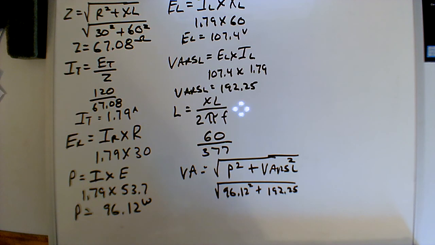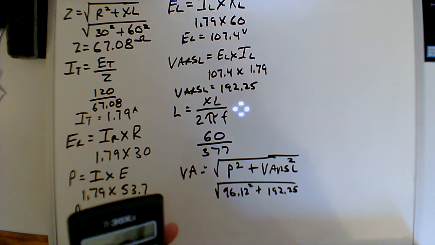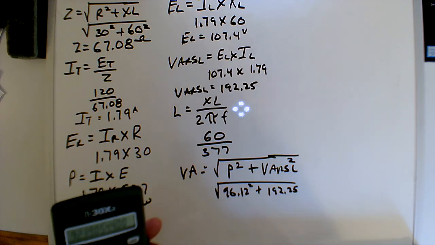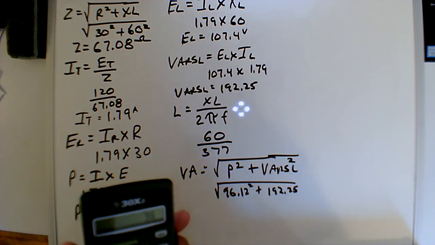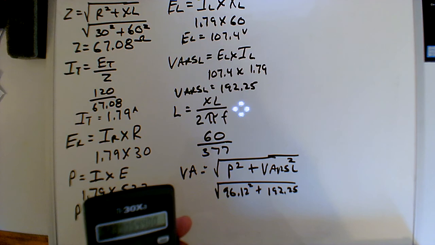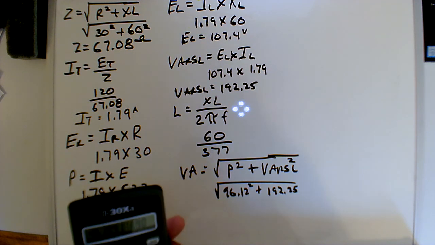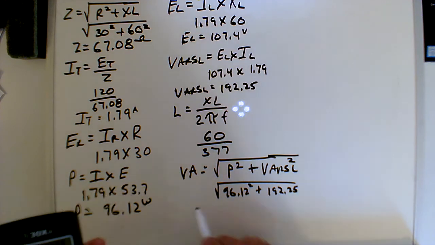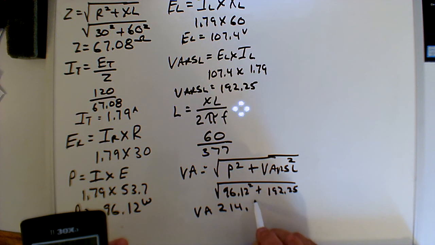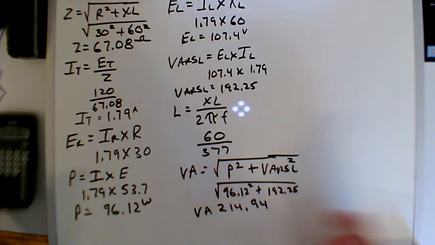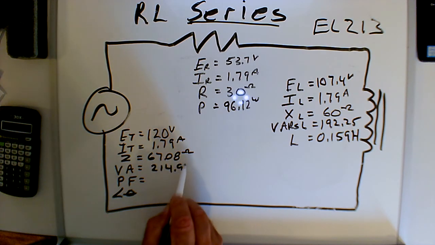I did that wrong, so I'm going to start again. 96.12 squared plus 192.25 squared equals, and then the square root of that. The VA in this case is 214.94, we're going to call that. 214.94 VA.